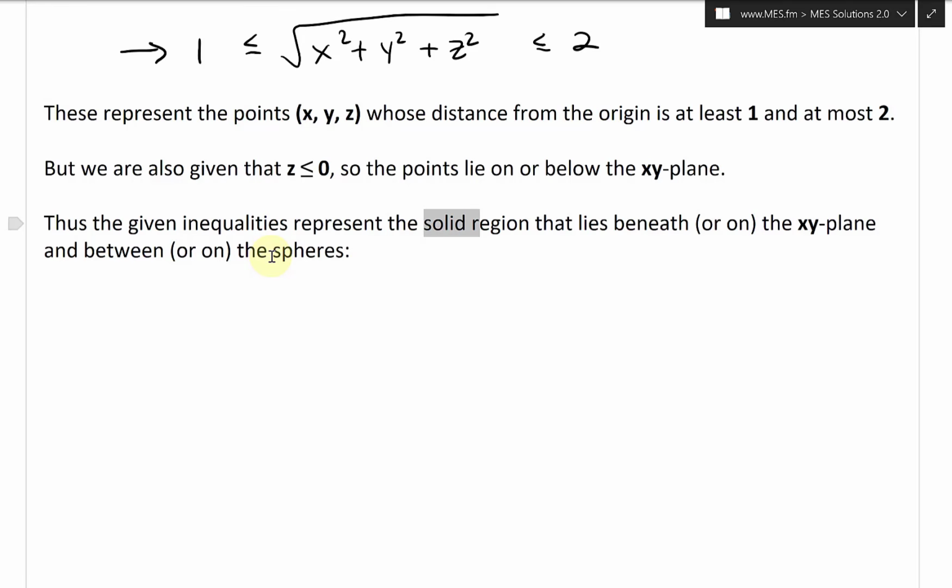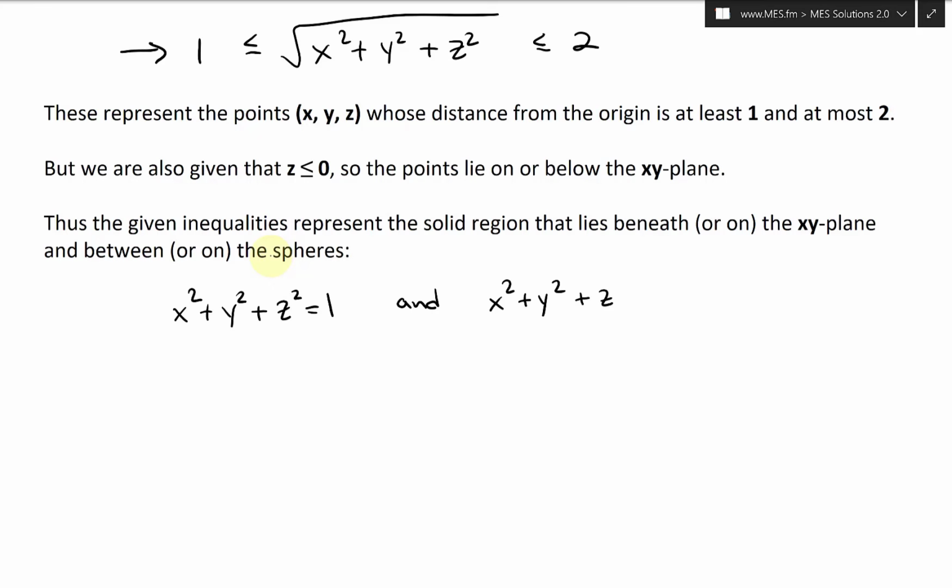Let's write the spheres: x squared plus y squared plus z squared equals 1, and in between these two, x squared plus y squared plus z squared, it's just the equation of a sphere, and then r squared is just 2 squared, which equals 4.